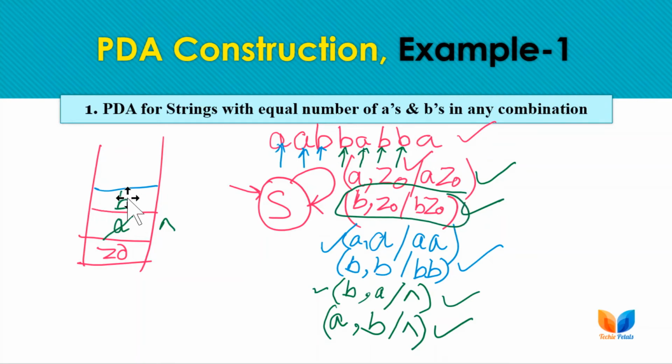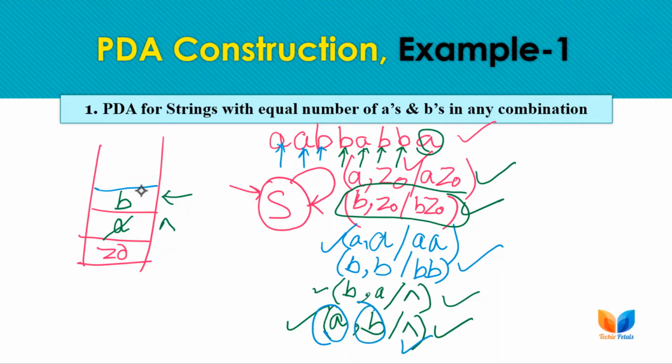After the push operation we have stack top as B now, and the next input is A. So we have this matching transition: input is A and the stack top is B, and we just perform the null replacement.